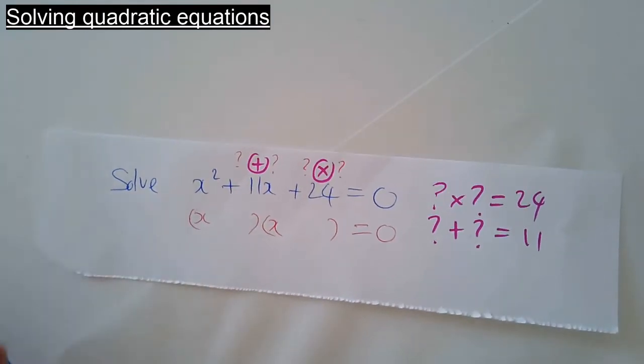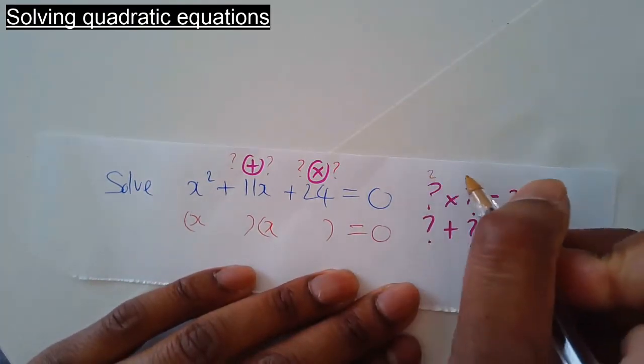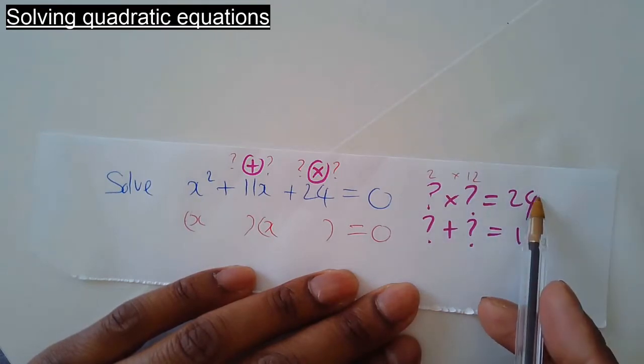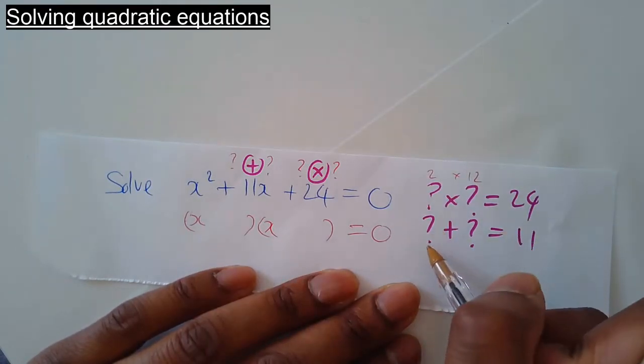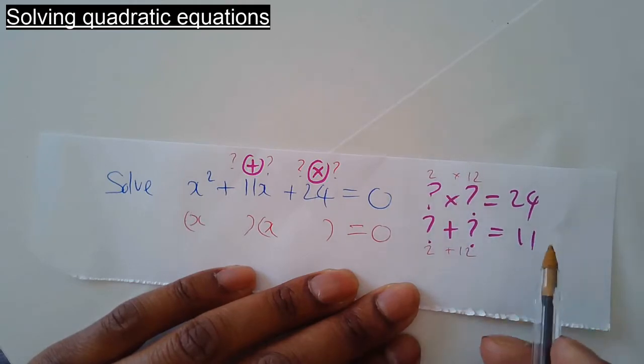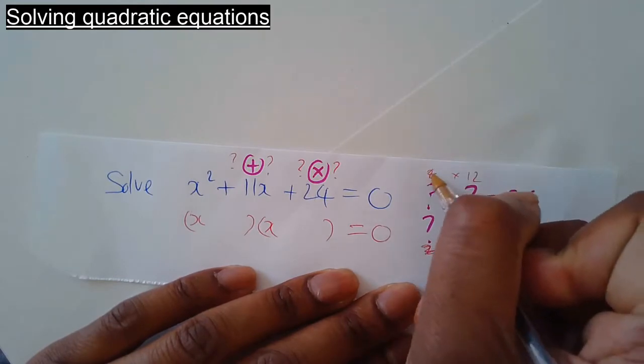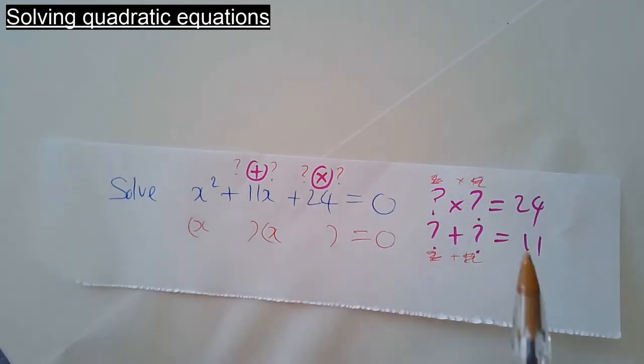Well, some of you might straight away say, oh, okay, 2 times 12. 2 times 12 gives you 24. But then, wait, does 2 add 12 give you 11? No. So you can't use those numbers, so you have to try different numbers. Some of you have already thought about this.